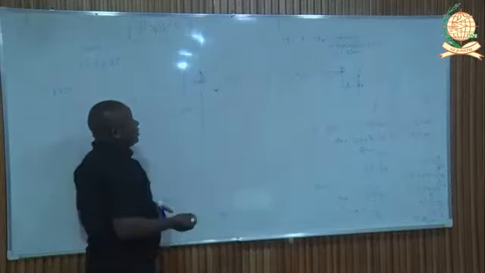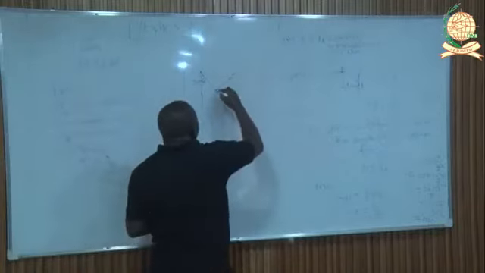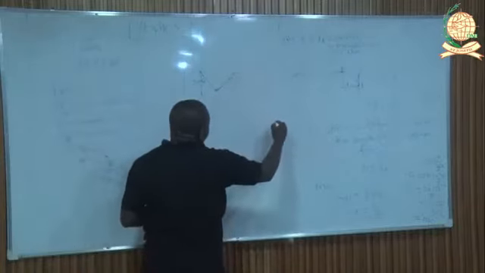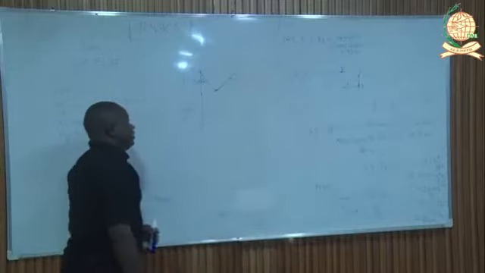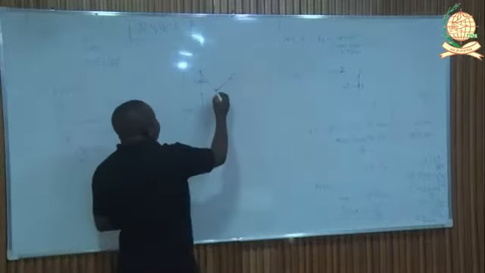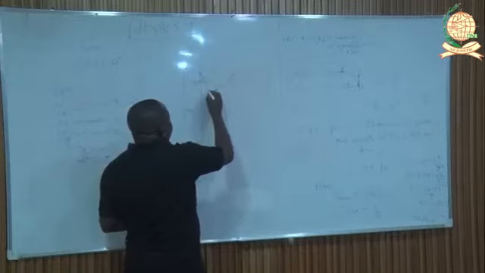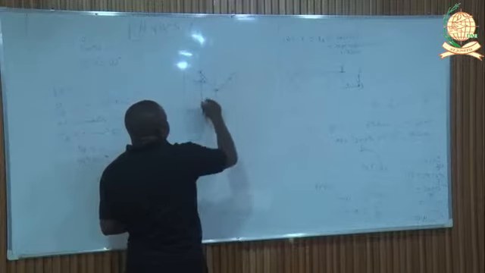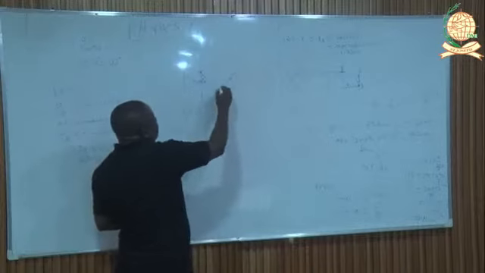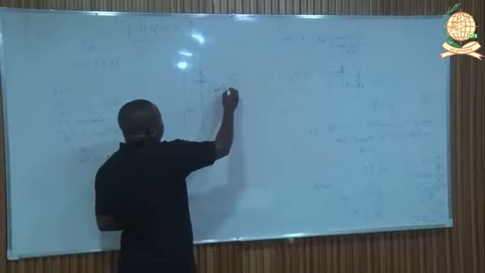As a result of the string breaking, the particle will go into projectile motion back to the ground. If I draw a parallel vertical line at this point and the horizontal, I'll find that this angle is similar to this one.